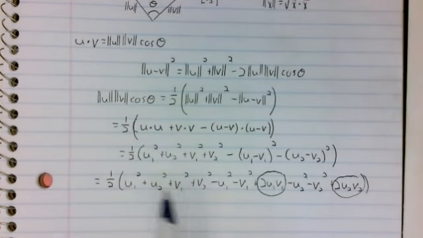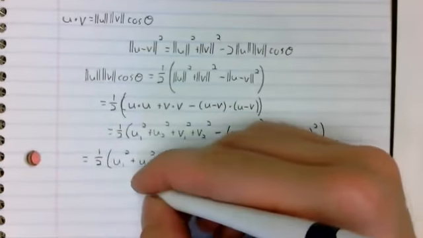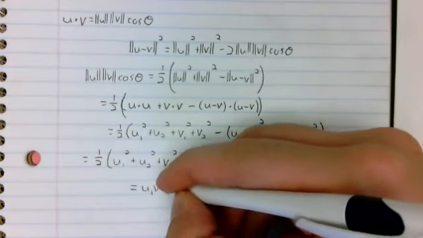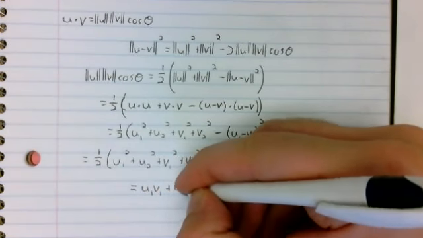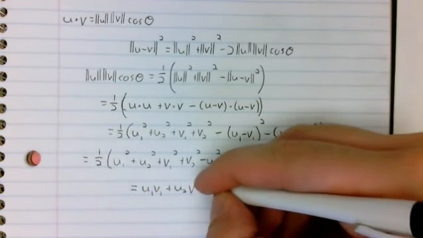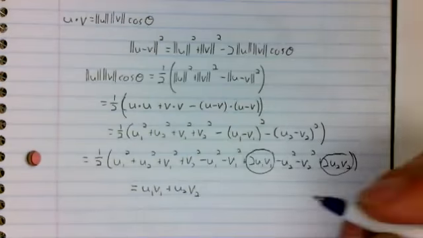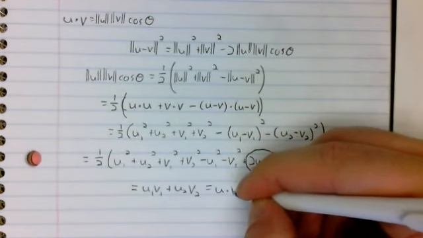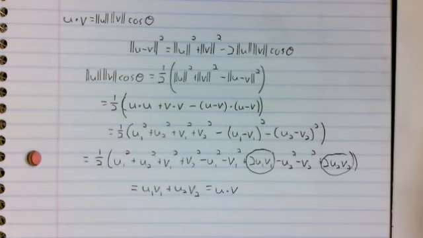This 1/2 kills the 2, and we're left with u1 v1 plus u2 v2, which is indeed the dot product of u and v.